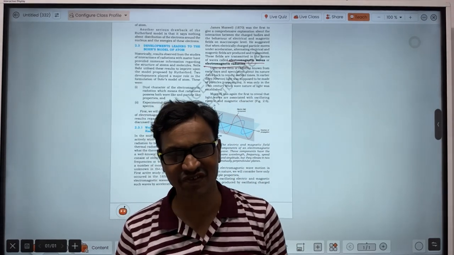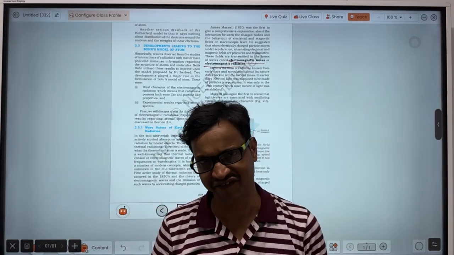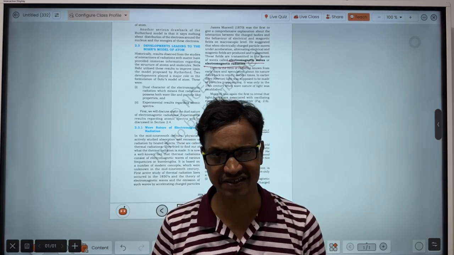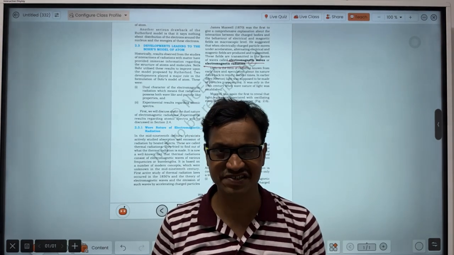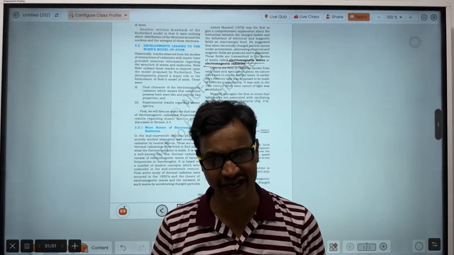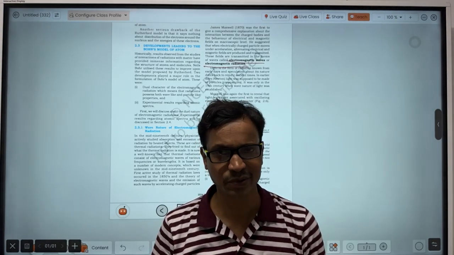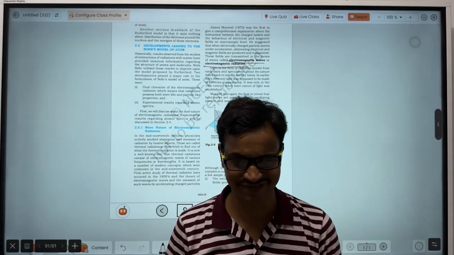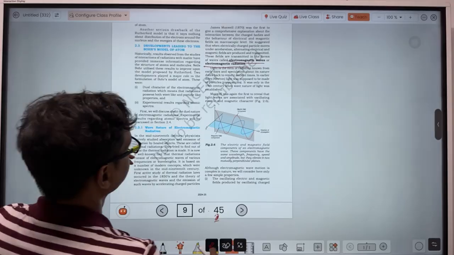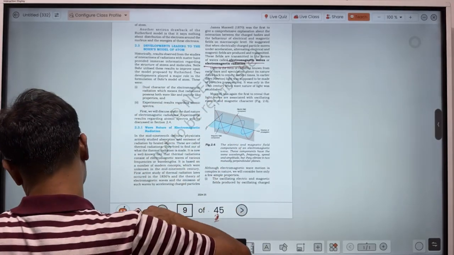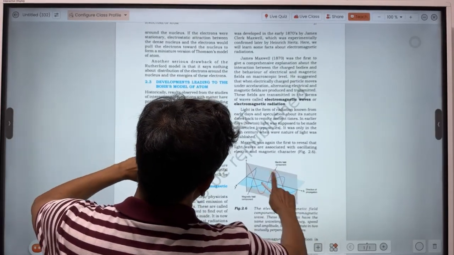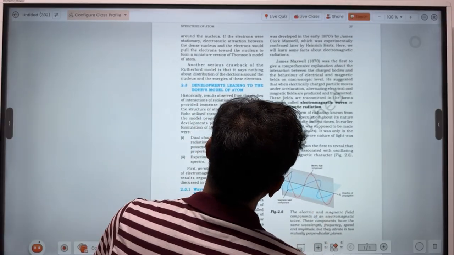Light wave is a type of electromagnetic wave because light waves originate by the oscillation of the electric field and the magnetic field perpendicular to each other. Okay, so first of all, what is an electromagnetic wave or electromagnetic radiation? Radiation means the waves that originate, that is called electromagnetic radiation.